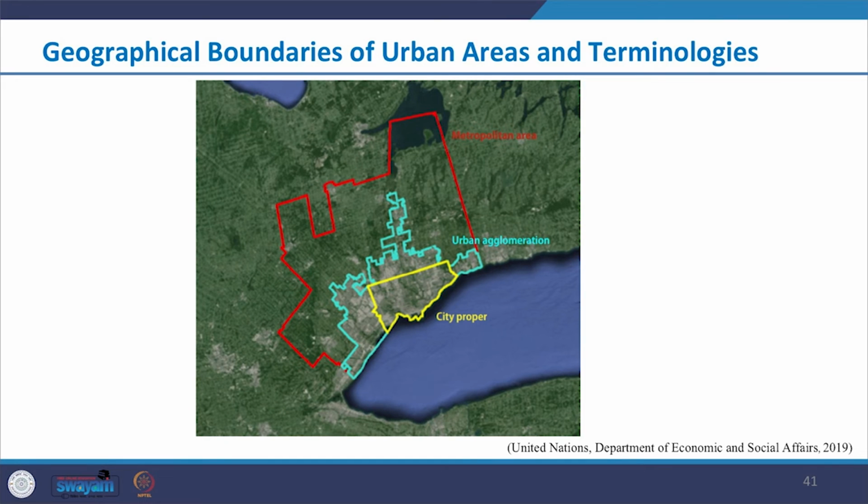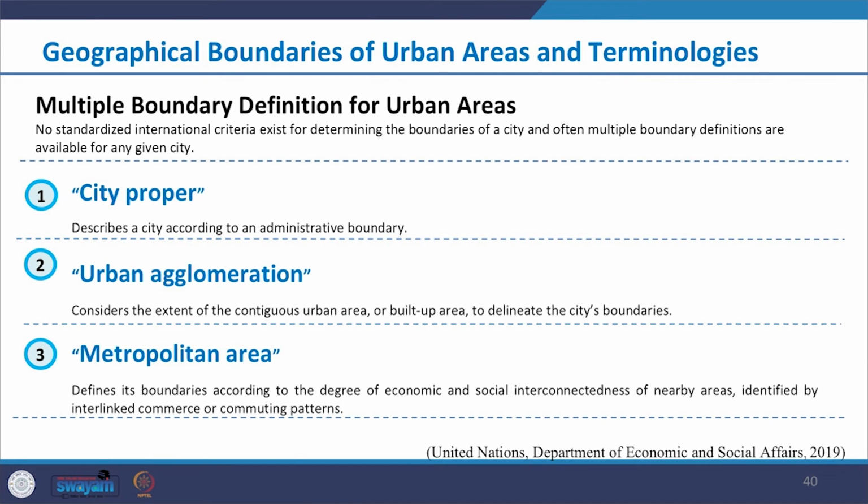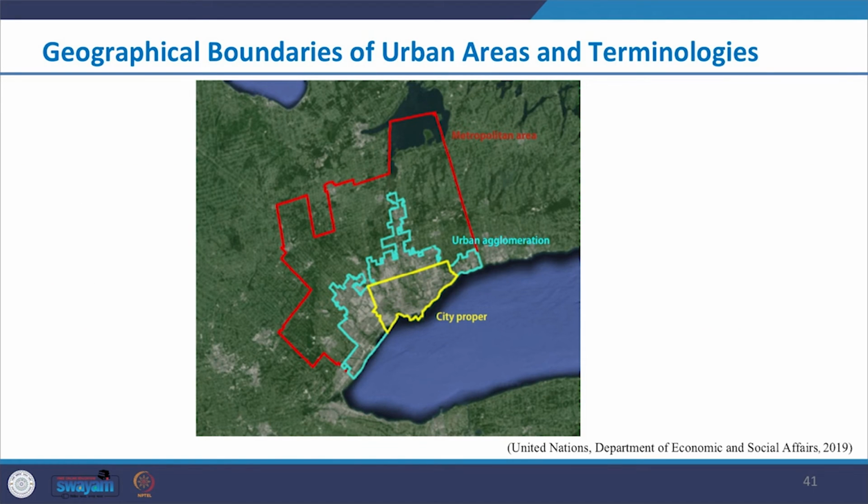At the international level, they call it city proper; we call it the municipality area. We find another definition, which is urban agglomeration. Here we see this blue line indicating the urban agglomeration. This is the continuous urban area around the main city area, the peri-urban area around the municipal boundary, which is called the urban agglomeration.